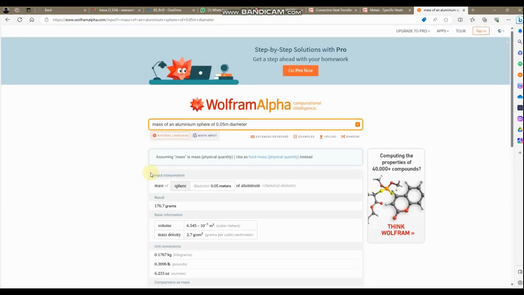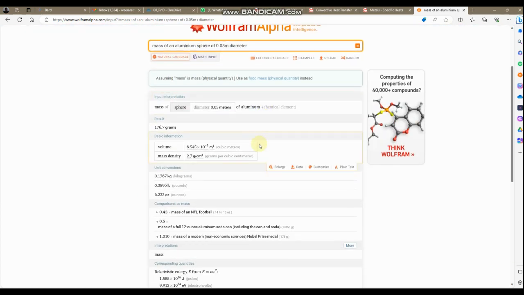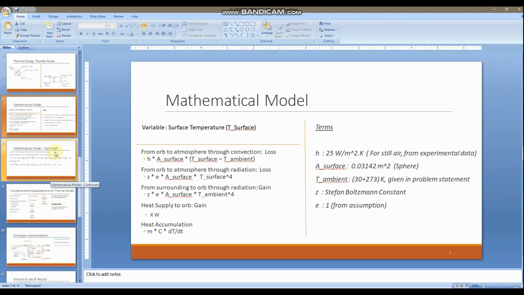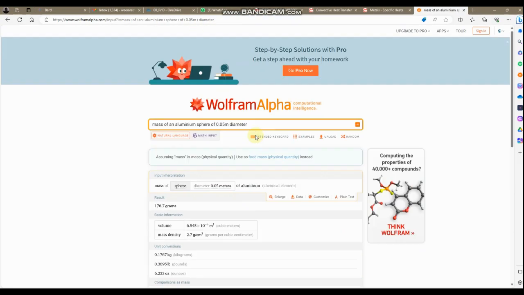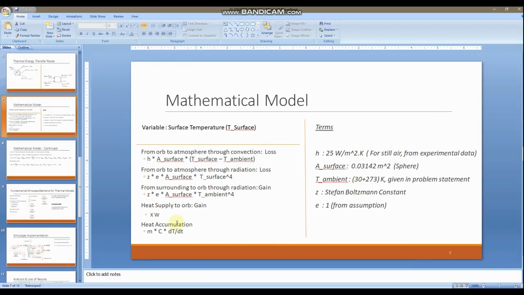This is one such free tool that you'd be able to use, not during the exam, but throughout the later portions of your life to speed things up instead of going to each and every one of these data sheets and looking up masses, evaluating the volume, multiplying them together, and losing a bit of valuable time. Instead of doing that, you can use tools like this to do the heavy lifting for you and let you focus on what's important, which is developing the model itself. Right.